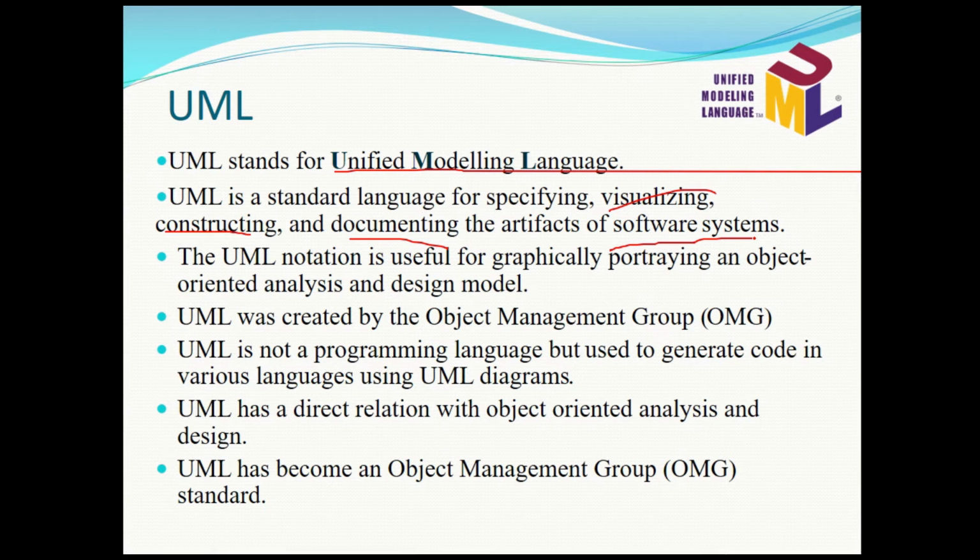They use graphical objects to represent symbols, to do the design and to build the model for any software. As I said before, it was created by the Object Management Group.